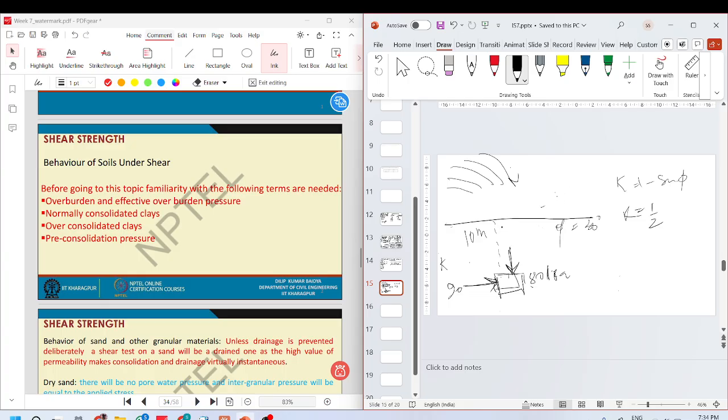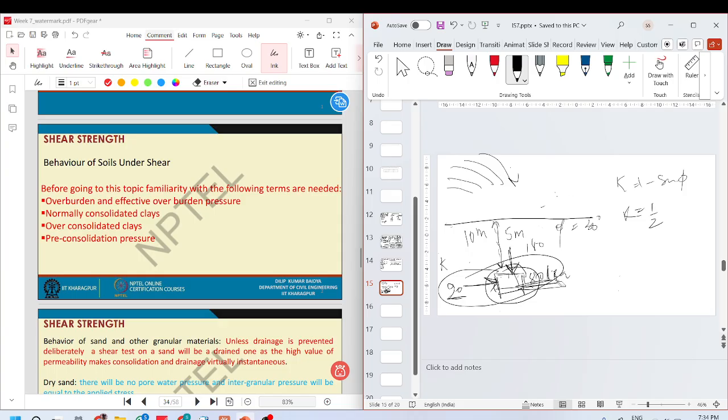Now instead of 10 meter, you only have 5 meter. But earlier it was this. Now you have a lower pressure. So the pre-consolidation pressure will be the maximum pressure that the soil has experienced in its history, because it will remember this pressure.